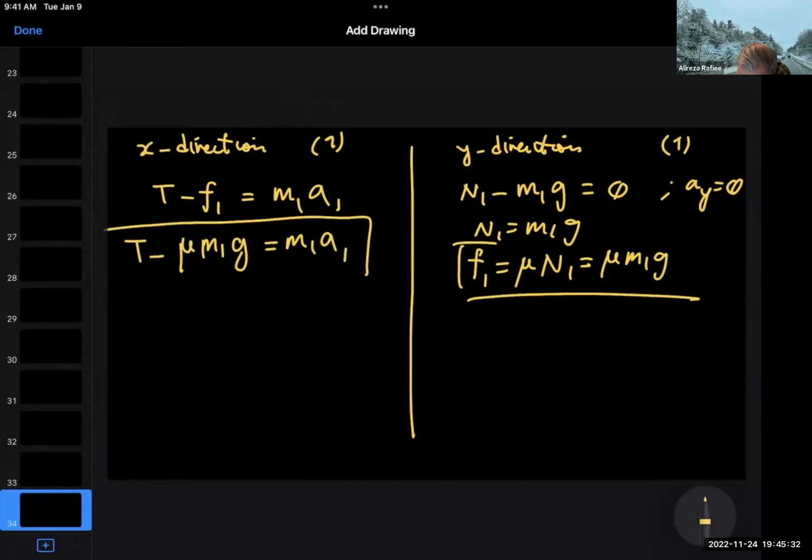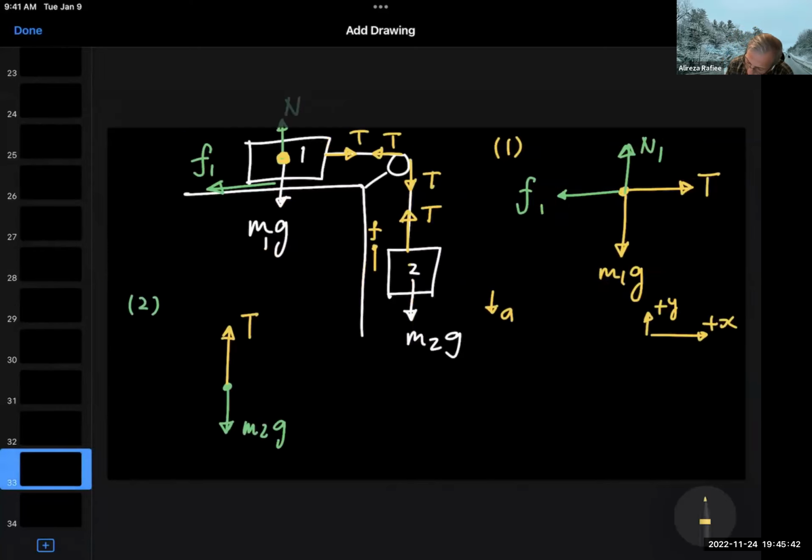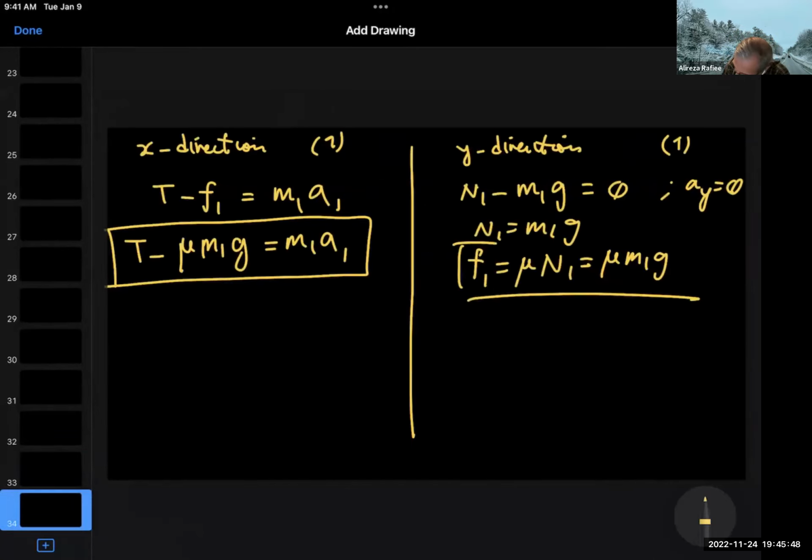Now, keep this as a1 because we need to explain why a1 is the same as a2. So that's one equation, and a1 is not known, and T is not known. Then you go back and say, okay, now I have the free body diagram for object 2.